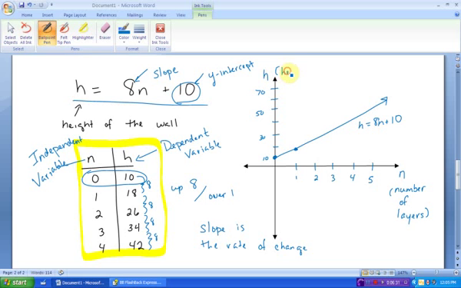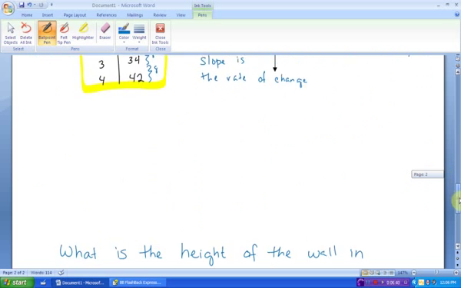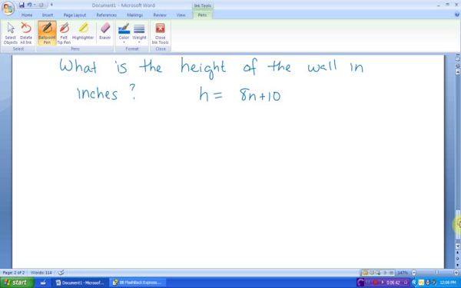Now the third part of the question asked us, what's the height of the wall, not in inches, but in feet? There is a couple ways to do this. Okay, and I am going to give this as a question to you.